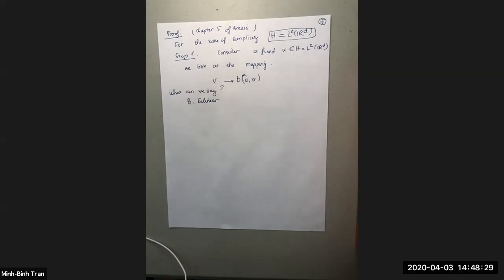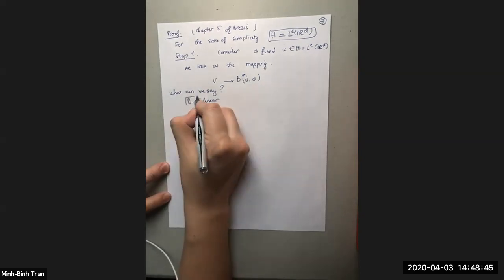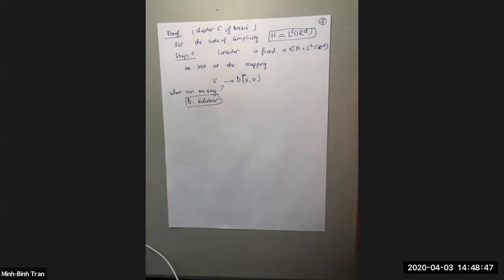If I fix v and I consider only the mapping in v, what do I get? Do you remember the definition of a bilinear map? Product of the norms up to a constant, which is bounded, right?